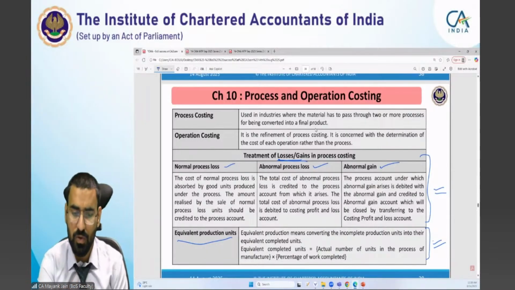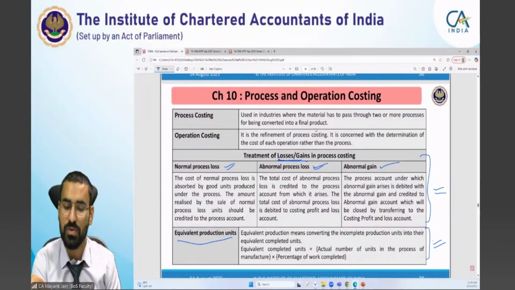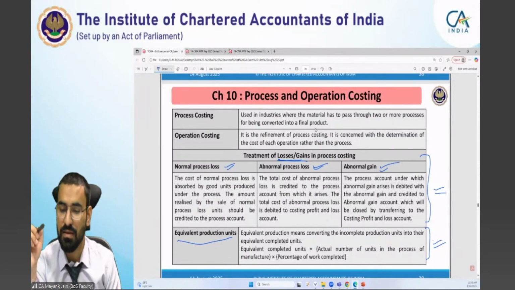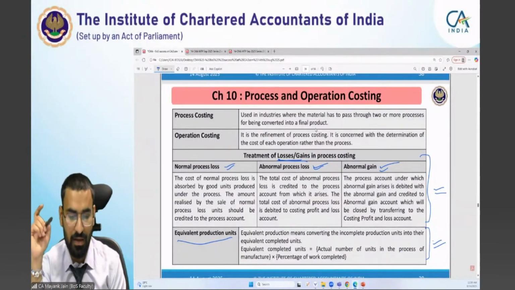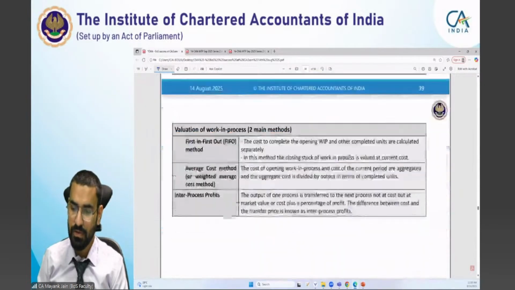So go through how normal loss is calculated, how abnormal loss is calculated, what is the procedure to calculate its cost, how it is treated in the process costing, what is the abnormal gain, how it is treated in the costing, and what are equivalent production units, how it is calculated and how it will help you to solve your questions.